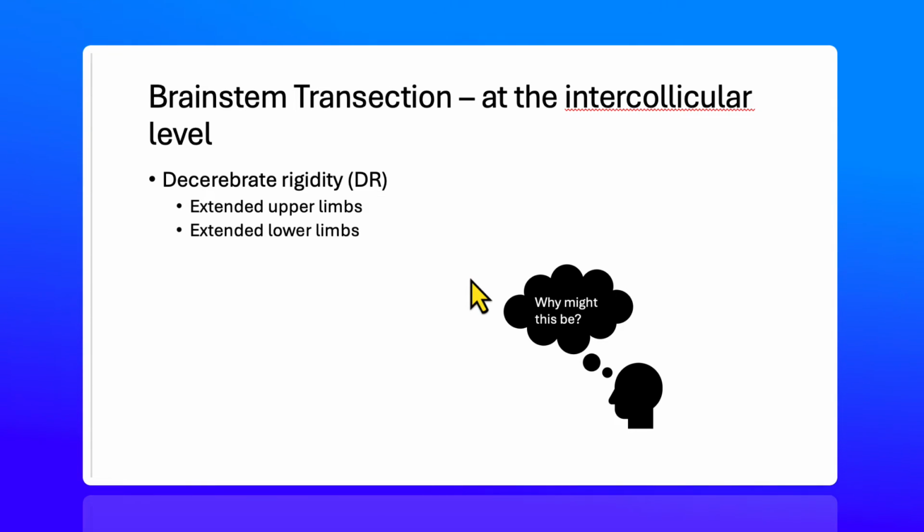So the first question was, what would happen if the brainstem was transected at the intercollicular level? That is, if the brainstem was transected between the superior and inferior colliculi. And when this was done, the animals exhibited an extension posture with extension of both the upper and lower limbs, what we refer to as decerebrate rigidity.